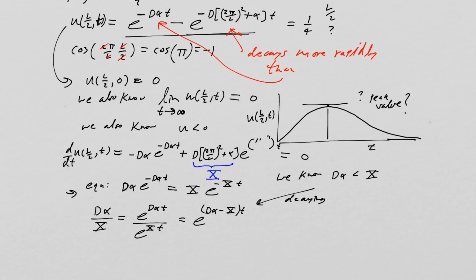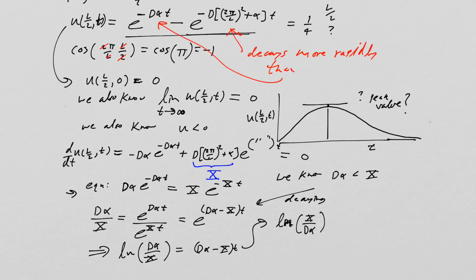And so what we can do now, of course, is take the logarithm. Because this is negative, though, we can actually flip it around. Natural log of X over d alpha, and that's going to equal X minus d alpha times time.